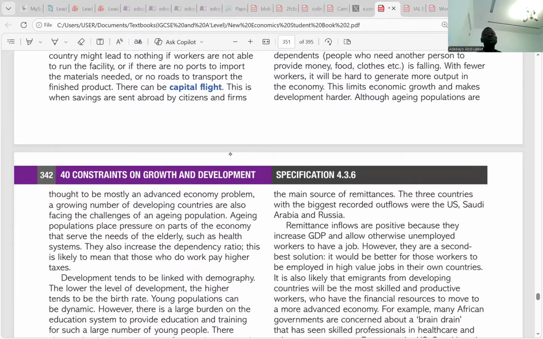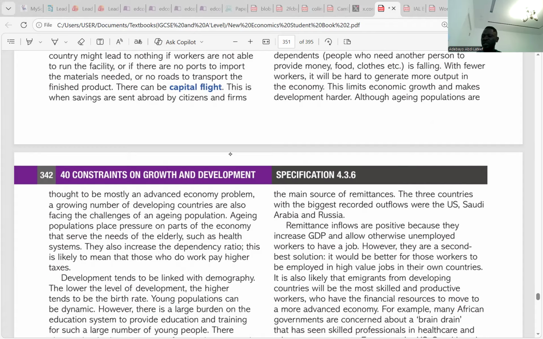Like Japan, they are witnessing an aging population at a large proportion, and the fear is, how will Japan be within the next 20, 30 years with an increasing aging population?